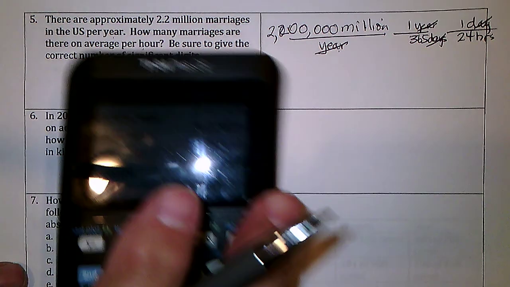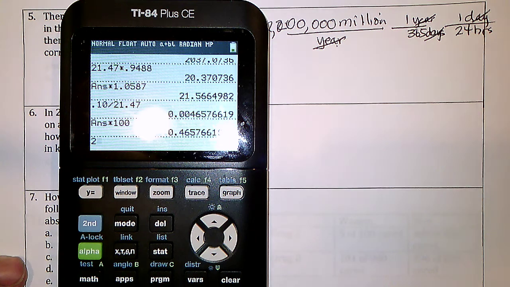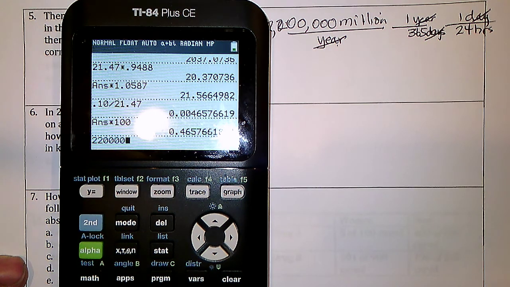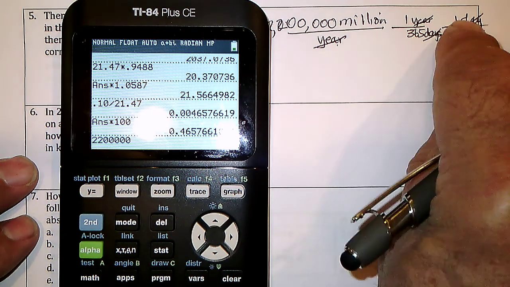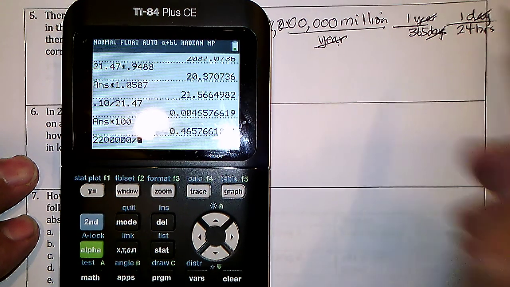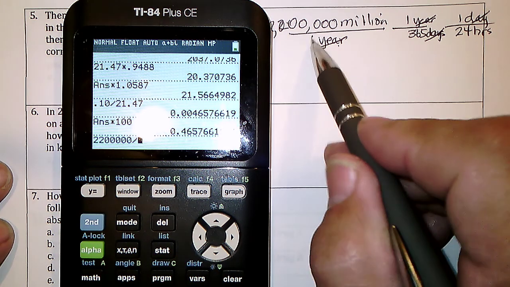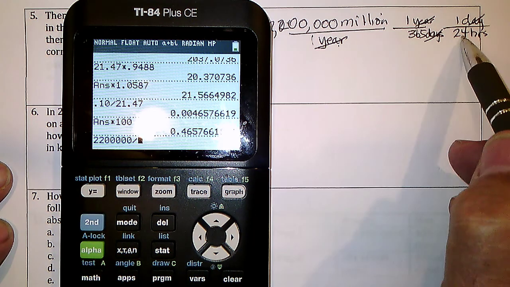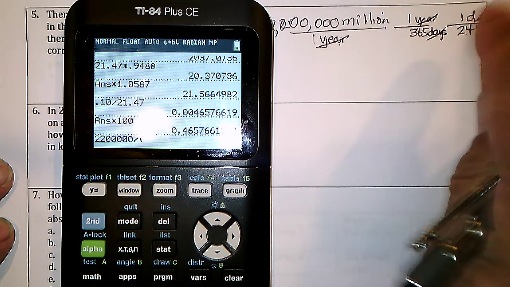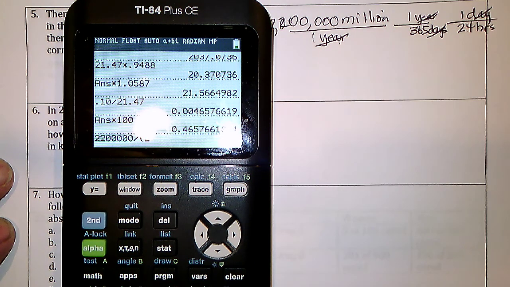And so we're going to get 2,200,000 times 1 times 1 as our numerator, divided by, in the denominator, 1 times 365 times 24. I need to put parentheses around it, because I need to divide by that and then divide by that, so I'll just do it in parentheses so I get them both. 365 times 24.